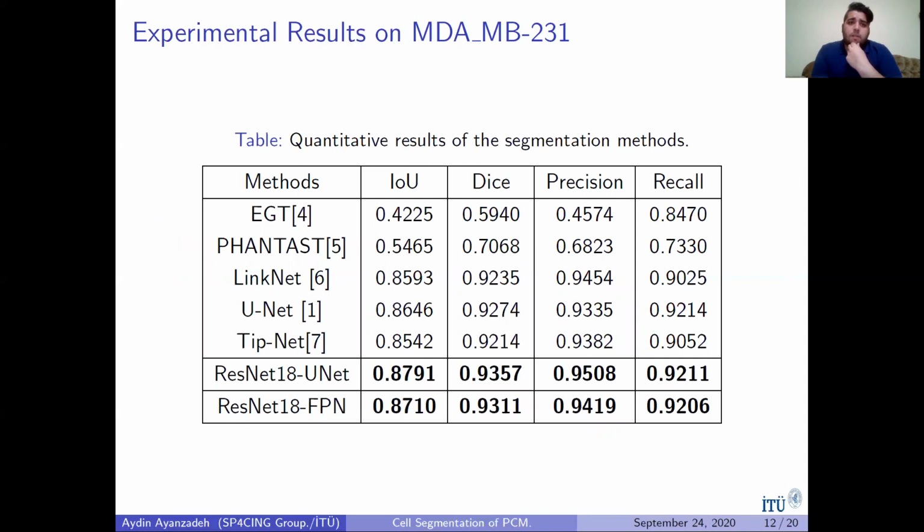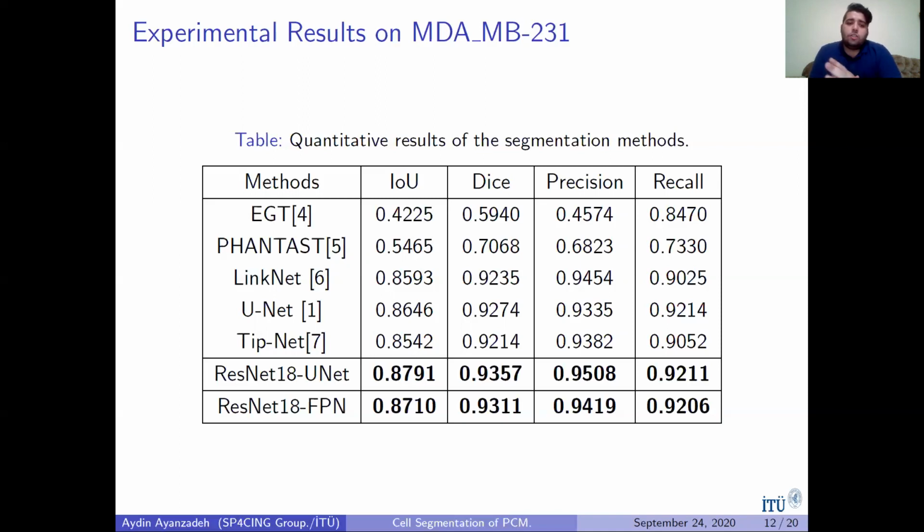Actually, this is the experimental result, the quantitative results of the MDMB. As you see, our proposed methods, ResNet 18 U-Net and ResNet 18 FPN, which is the feature pyramid network, with ResNet 18 as the encoder, are better in comparison with the baseline method, and also in comparison with the U-Net.